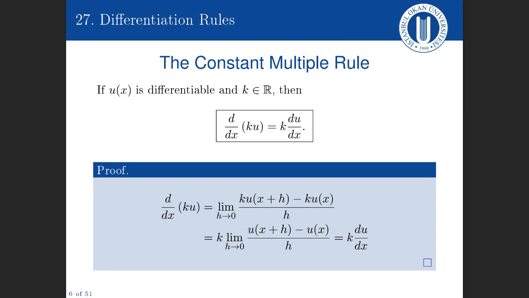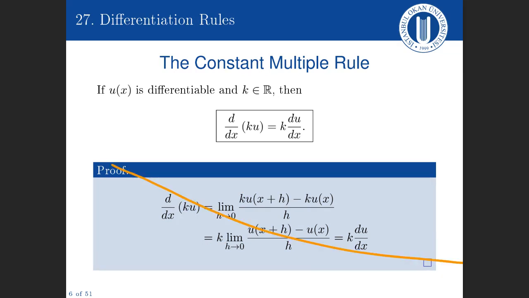But we had a constant multiple rule for limits. If we have a number inside a limit, we're allowed to take the number outside of the limit. So that's just the same as k multiplied by the limit as h tends to 0 of u at x plus h minus u at x divided by h, or k multiplied by du dx.